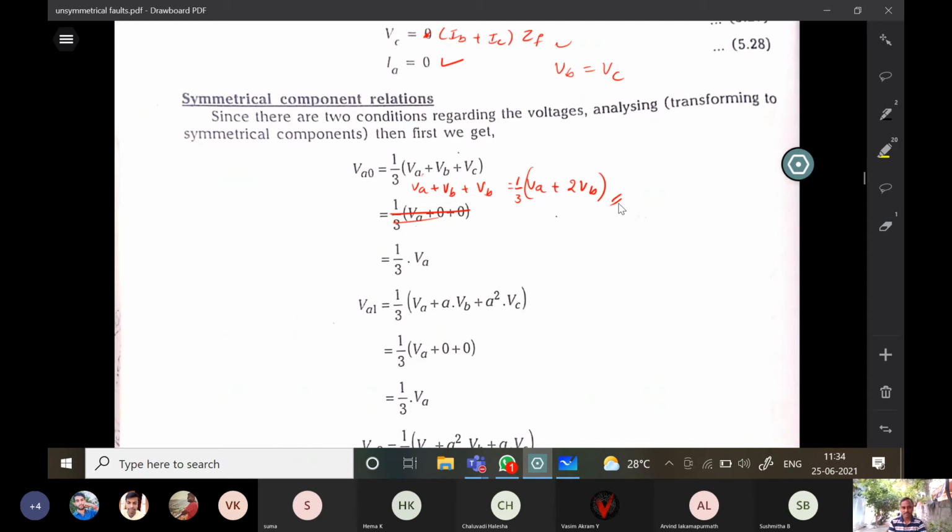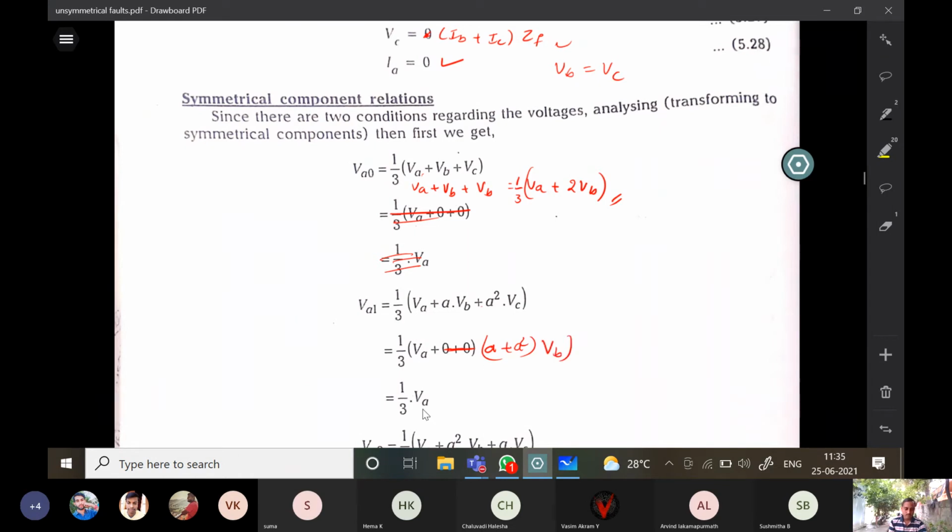This is the modification for VA0. Right, VA1 is equal to 1 by 3 VA plus aVB plus a squared VC. So here also VA plus, take a plus a squared common, and VB and VC both are equal. I will write it as VB.